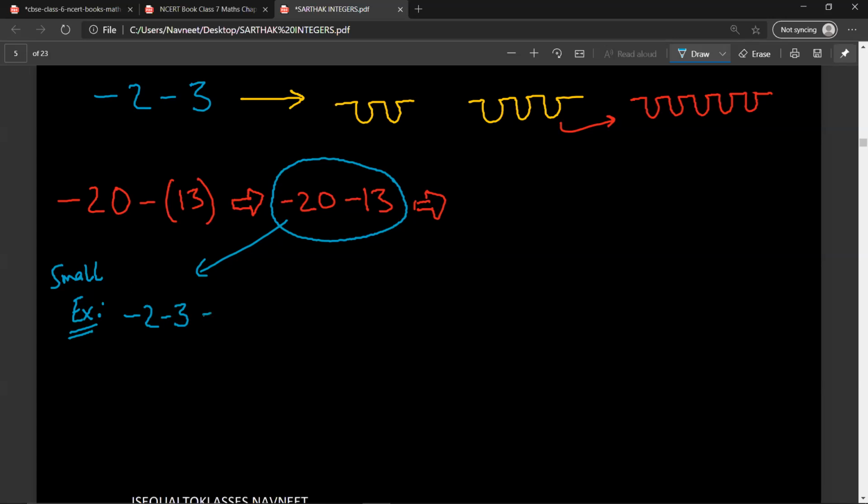Minus 2 and minus 3 would be equal to? -5. Have you understood? Yes. So whenever I face any confusion, I make a small example of mountains and valleys. So what do you think should be answer of this?